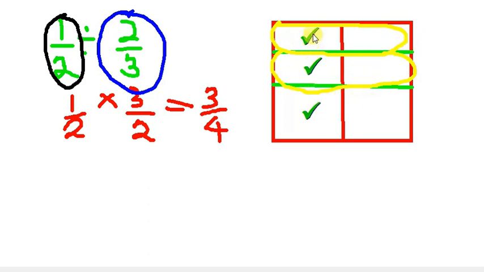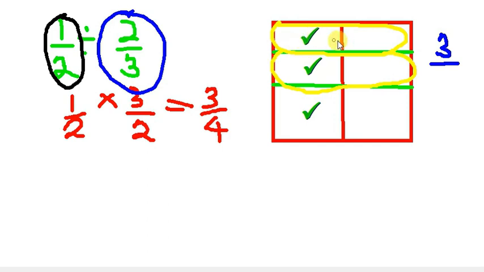So looking at this area, realize that we have 1, 2, 3 of the regions that were counted in terms of columns. So we write that as 3. That will be the numerator.